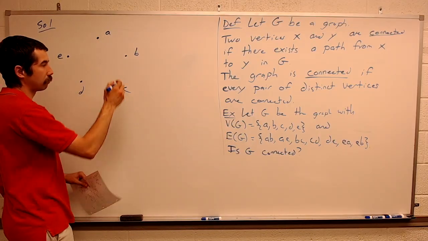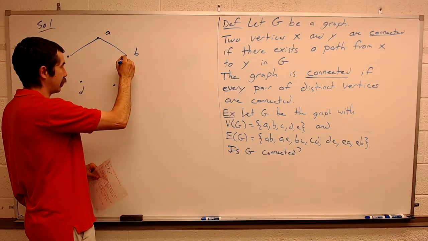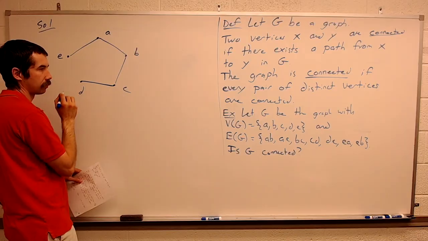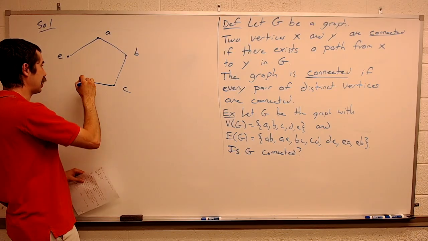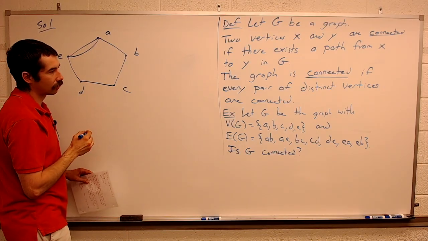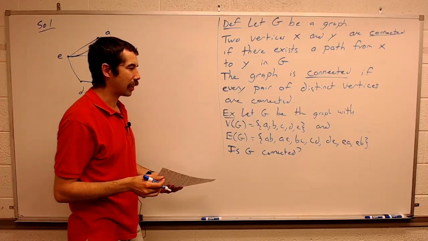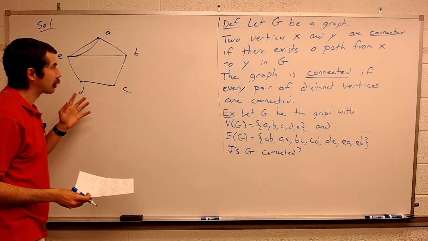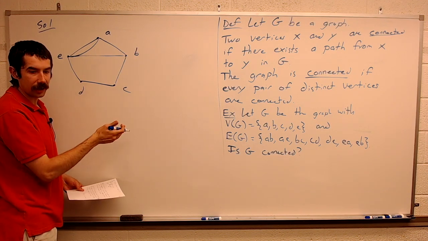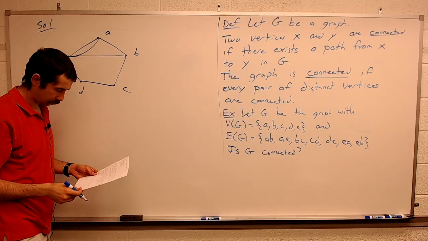So AB, AE, BC, CD, DE, EA. So we actually have a multi-edge here, and EB. All right, so the question was, is our graph connected? And you could see, yes, it is connected. No matter what 2 vertices you pick, you could always find a path from one to another.